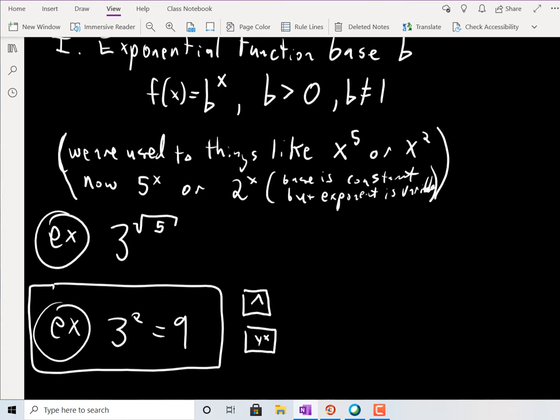I'll show you how to do it for the caret button. You'll press 3, then caret, then the square root, and sometimes you need parentheses, sometimes not. Sometimes they put the parenthesis in there for you.